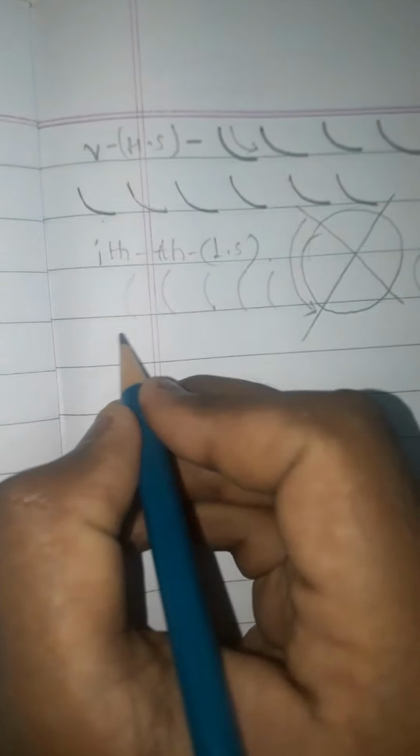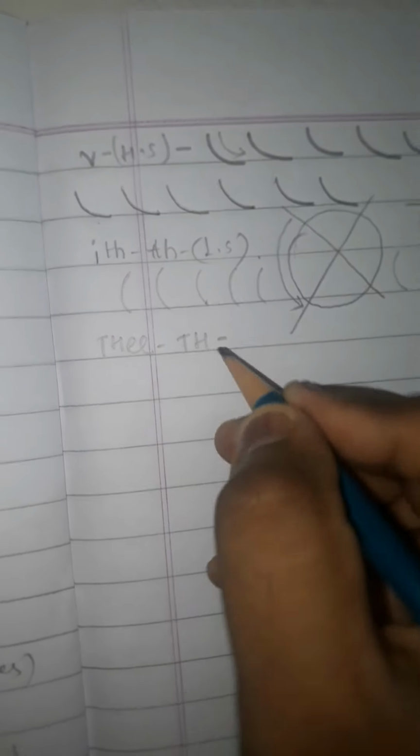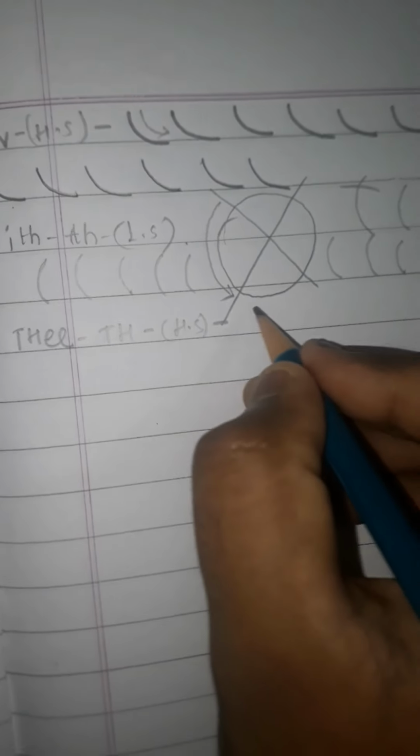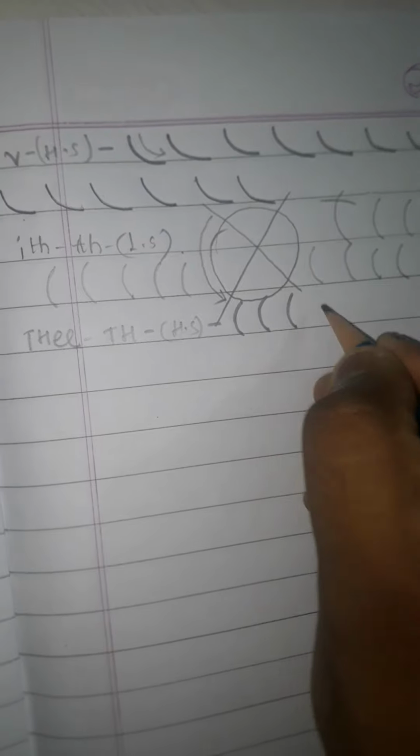After that we have the, THEE or TH. It is a heavy stroke, the same as ith, but written heavy. The, the, the. Practice one complete page.